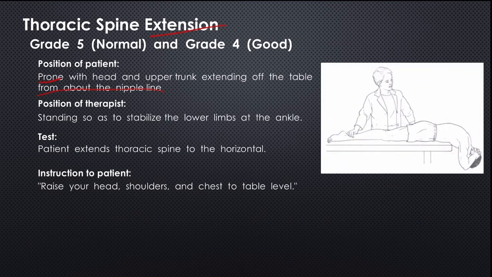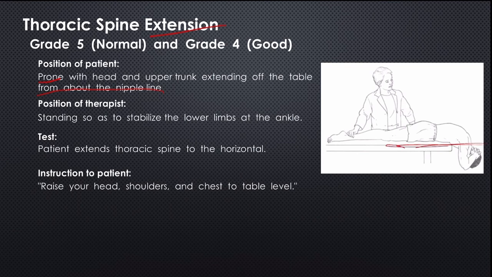So the patient is positioned at the edge of the table, up to the nipple level. Then slight dangling of that region from the nipple up. Then ask the patient to lift their head until such time that their entire body is in line with the table.